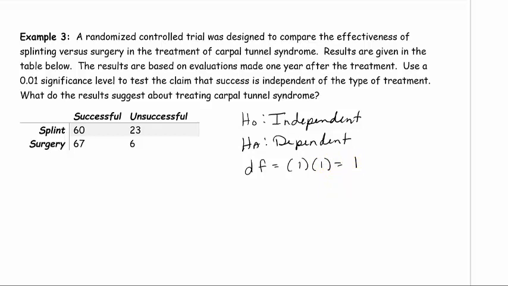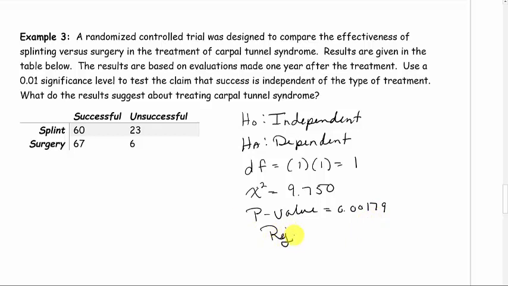Entering all of this information into your calculator, you should get a chi-squared statistic of 9.750 and a p-value of 0.00179. And so this tells us that we're going to reject our null hypothesis.